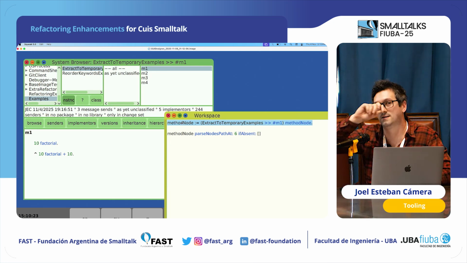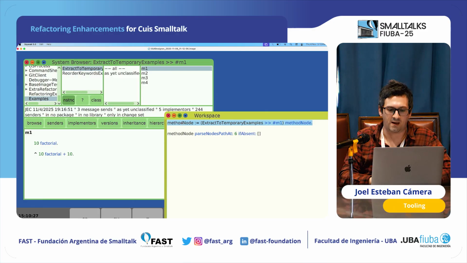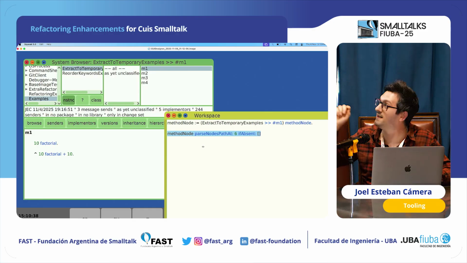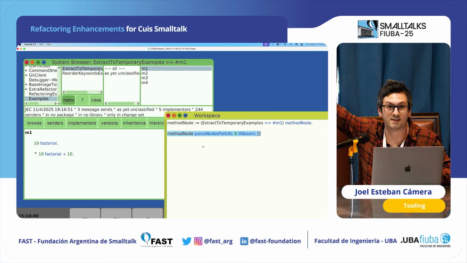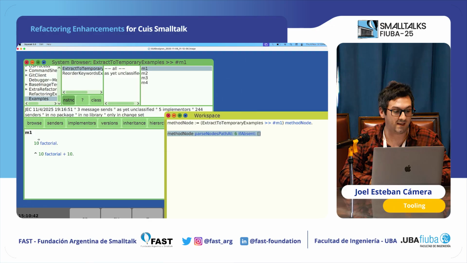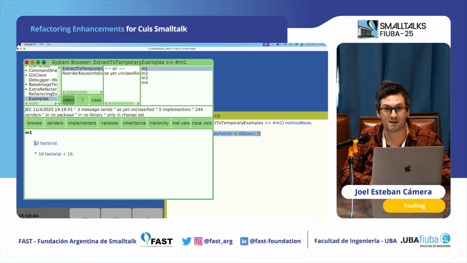The method node is the root of the AST, and I can ask the method node things, like the parse nodes that are in that place in the code. And that 6 is this character.